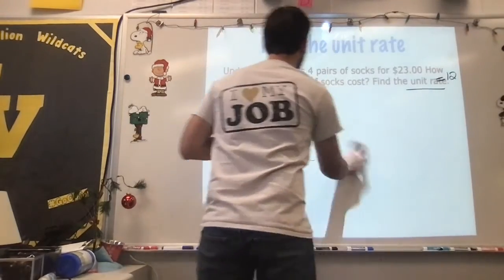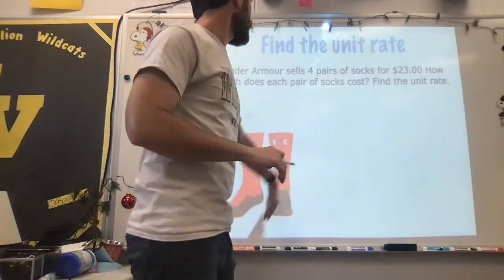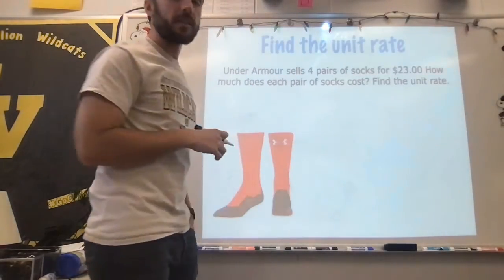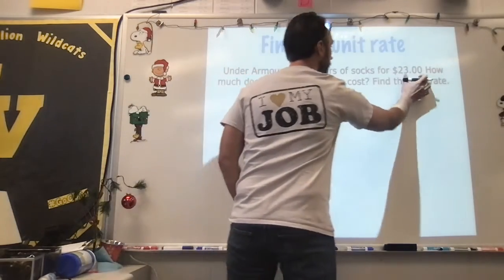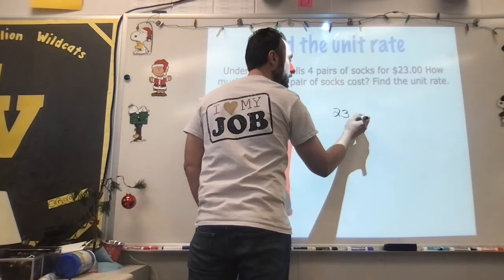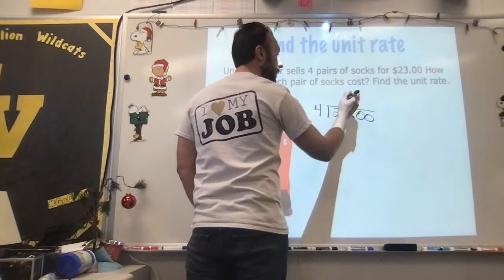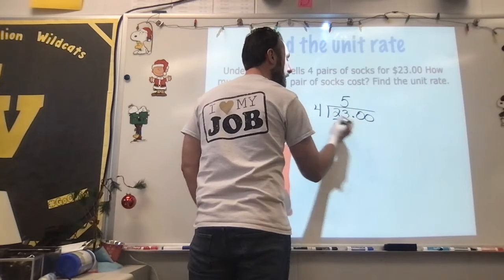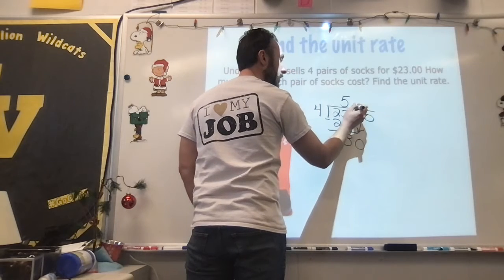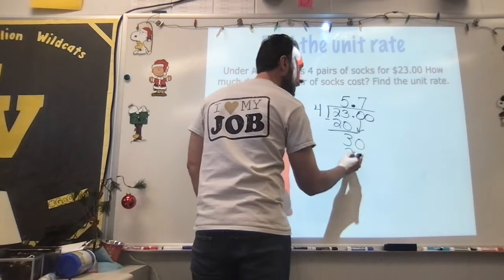Here it says, Under Armour sells 4 pairs of socks for $23. How much does each pair of socks cost, not each sock, each pair. Find the unit rate. So we take the price and we divide it by the quantity. So I'm going to take 23 and divide that by 4. 4 goes into 23 5 times. I subtract, bring down my next number, bring that up before I forget, 2. 4 goes in 30 7 times. 7 times 4 is 28.